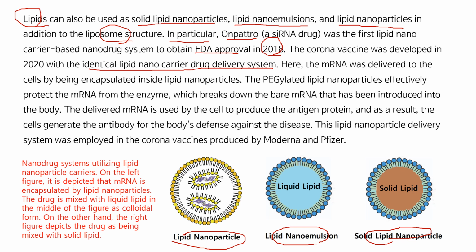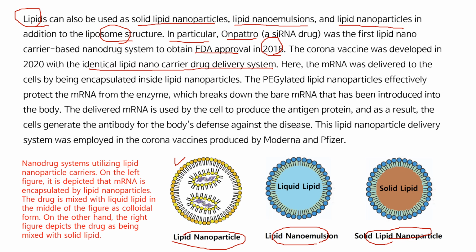So for manufacturing a corona vaccine, a lipid nanocarrier delivery system is used, this structure.